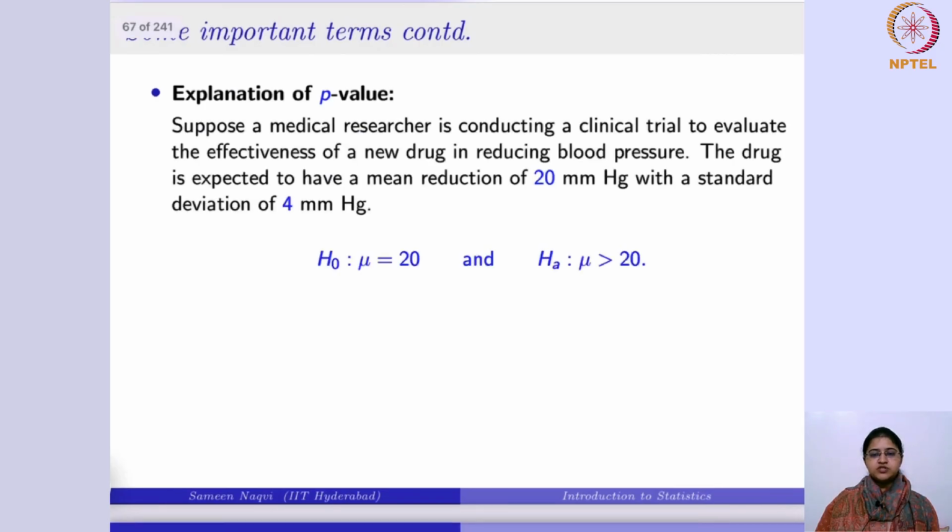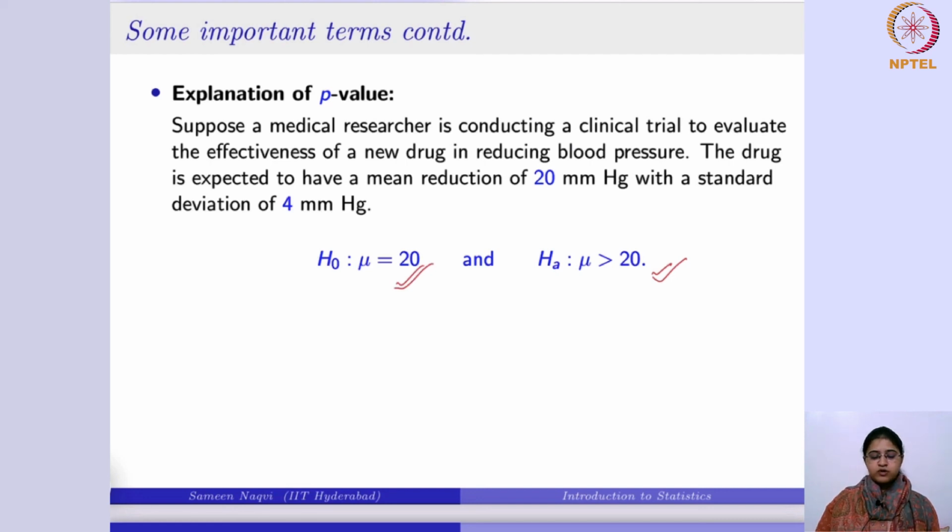Suppose a medical researcher is conducting a clinical trial to evaluate the effectiveness of a new drug in reducing blood pressure. The drug is expected to have a mean reduction of 20 mmHg and a standard deviation of 4. Now, if you frame the hypothesis as mu is 20, that the mean reduction is 20, or it might be more, right? Whether it is giving you more reduction.